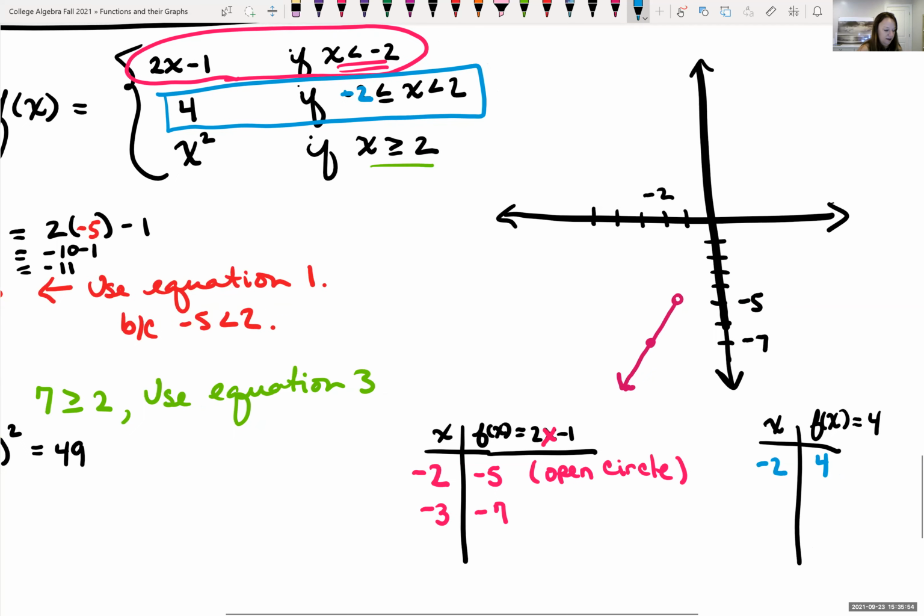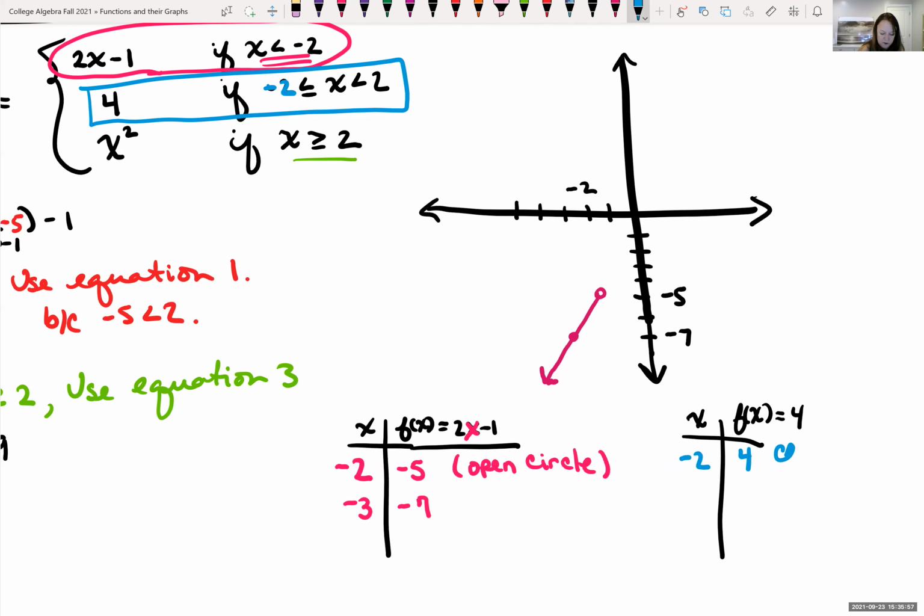It's included with that equation, so this would be a closed circle. But if I plug in 2, it's going to be an open circle at (2, 4). So at (-2, 4) we had a solid circle, and at (2, 4) we had an open circle. Any number in between gives us back 4, so this is a horizontal line.